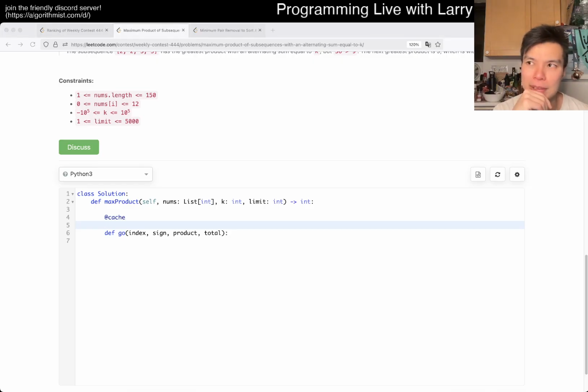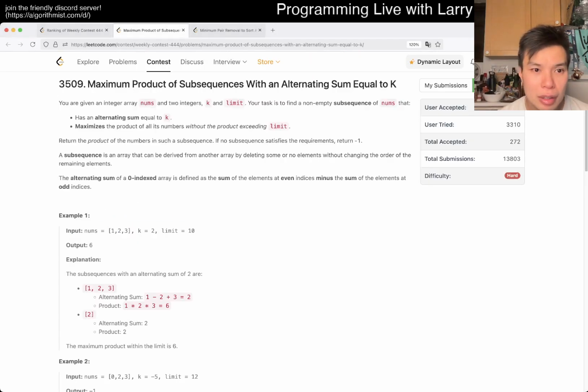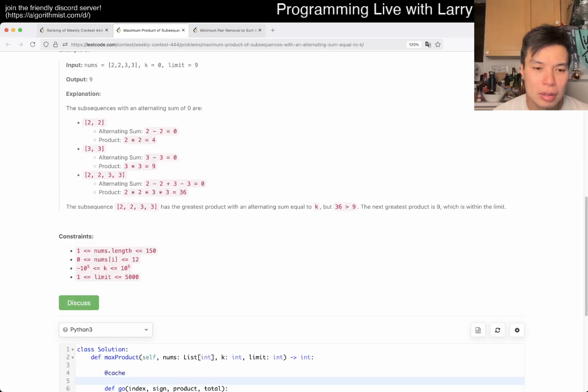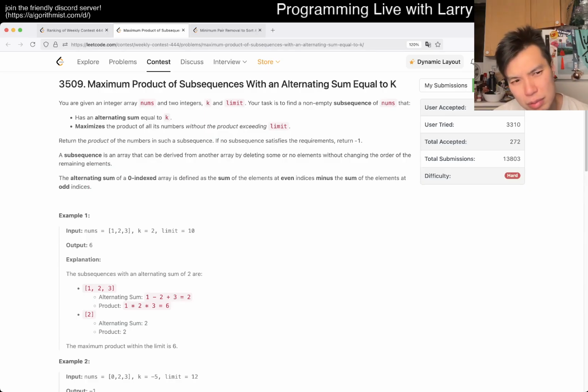We have 150 numbers, so you should be able to construct every other non-prime. Let's see. Alternating sum equal to K. Subsequence. I don't know. I feel like I want to YOLO, but I'm honestly not sure about this one.